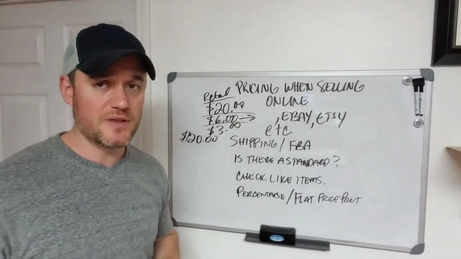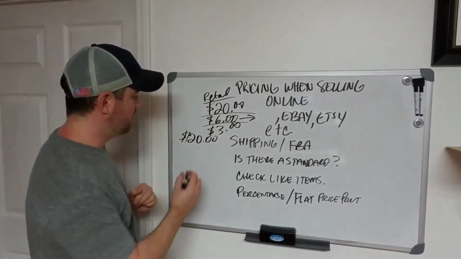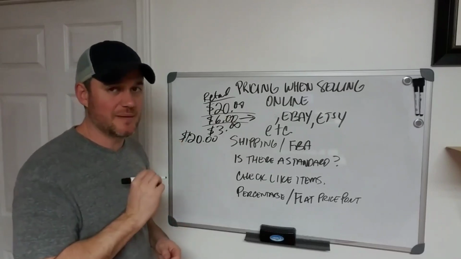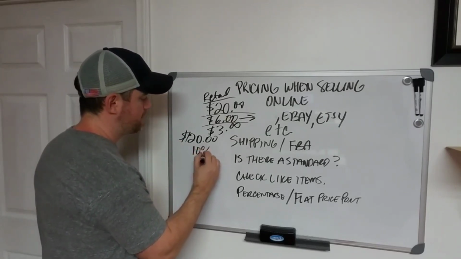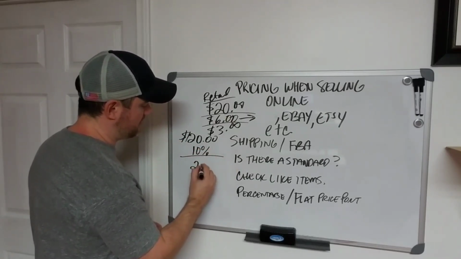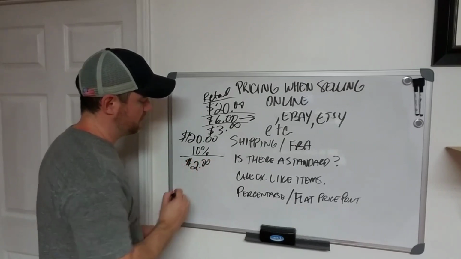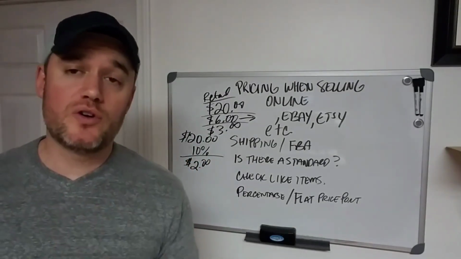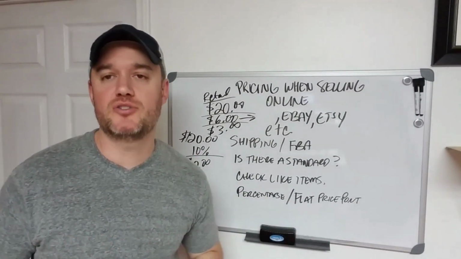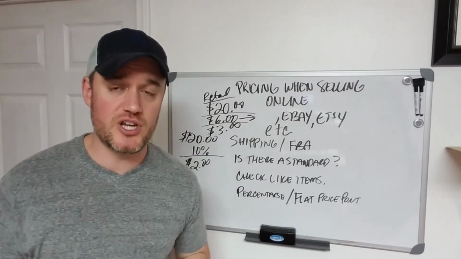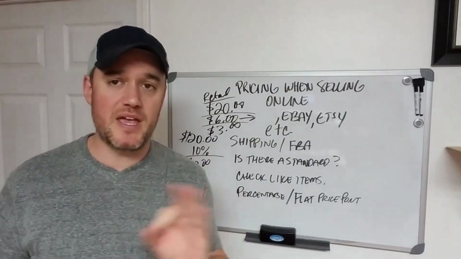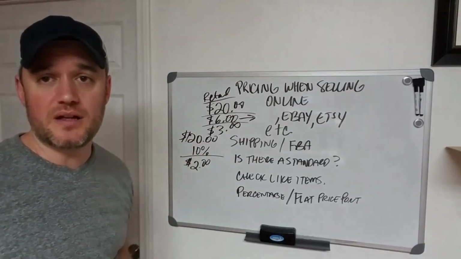I'm going to make it really easy for the example, okay? 20 bucks it retails, and let's say Amazon takes 10%, so they're going to take $2, right? You're going to try to sell as much of this product as you can, so you're offering your customers free shipping, okay? So your customer's not paying you anything more than $20.